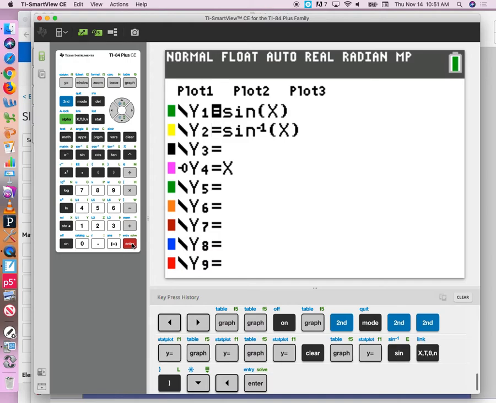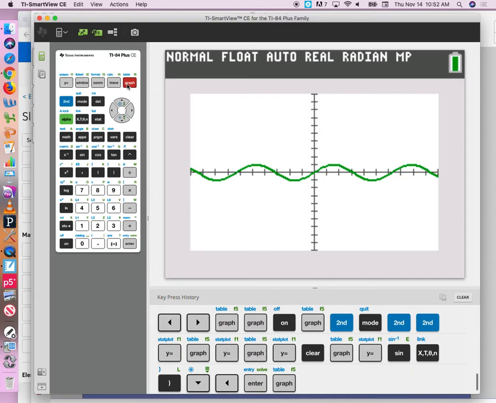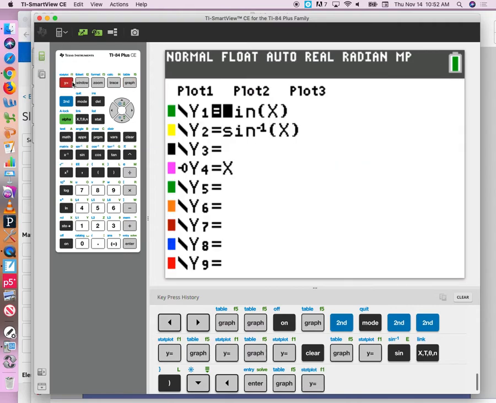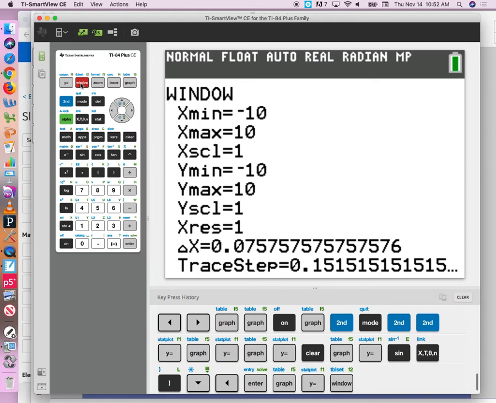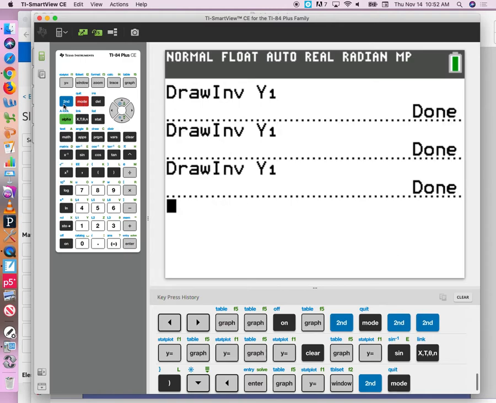All right, so here's sine in radians. That's a function. Everything's great. Is it one-to-one? Heck no, right? So with our calculator, we've got this super cool key that you don't need to know. I'd rather you almost not know it. There's a button that says draw inverse of what I put in Y1.